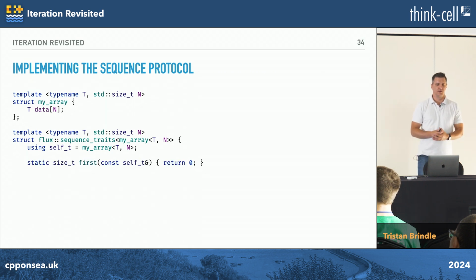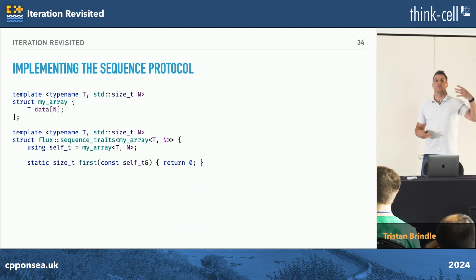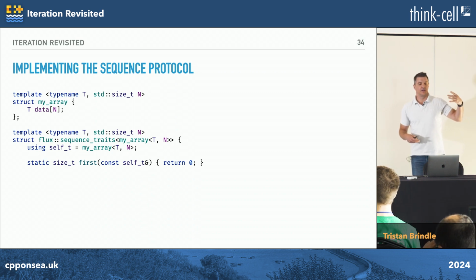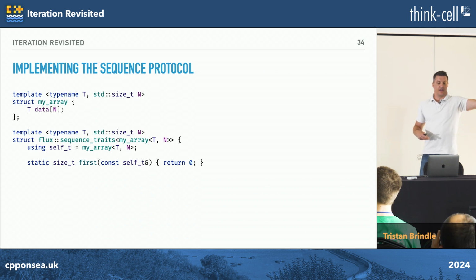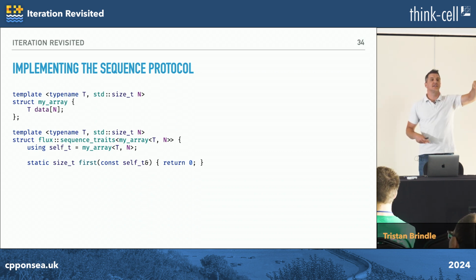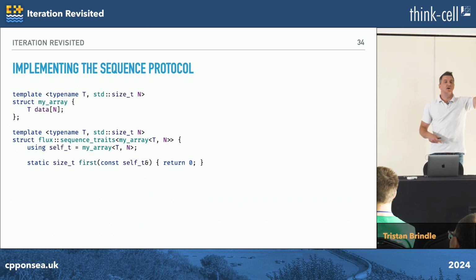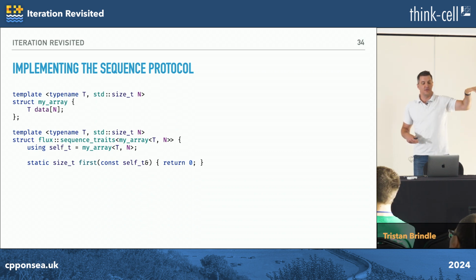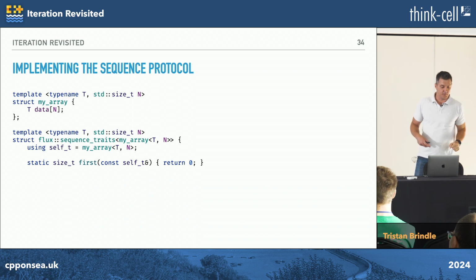And then what do we do? Well, we have to provide implementations of our four fundamental operations. So we provide an implementation of the first function, which returns a cursor to the start of the sequence. In this case, we've chosen to use size_t as our cursor type.